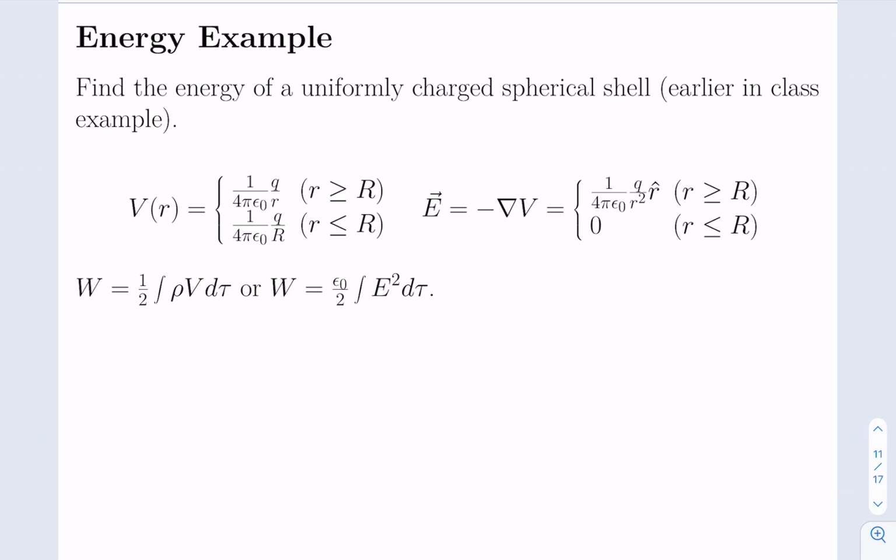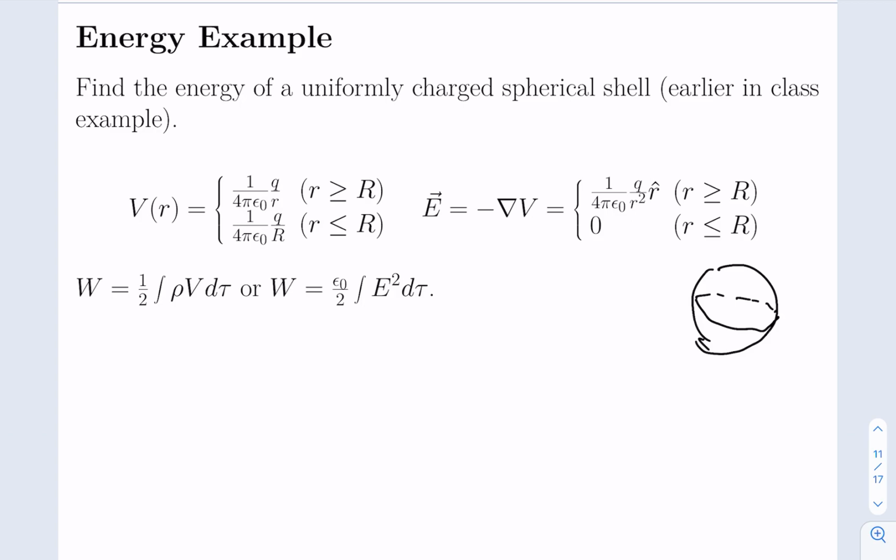And this example is what we just went through: a uniformly charged spherical shell, and we already worked out the potential, and we worked out the electric field. So you simply plug everything in, and I'll just sketch the result.